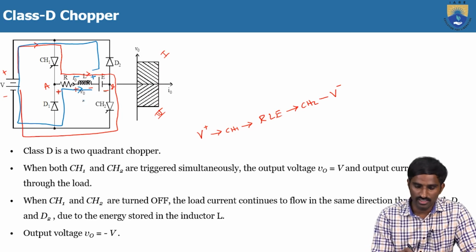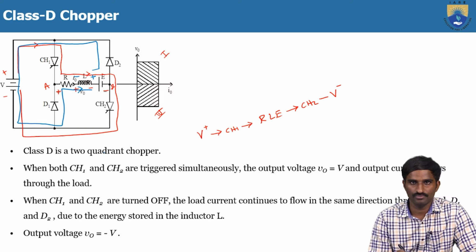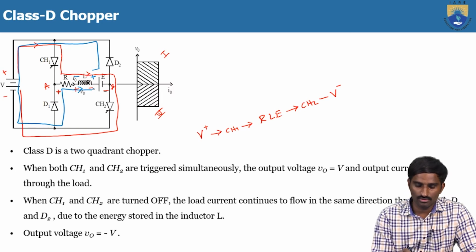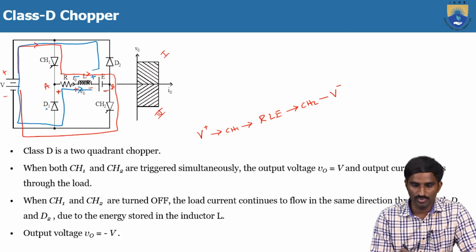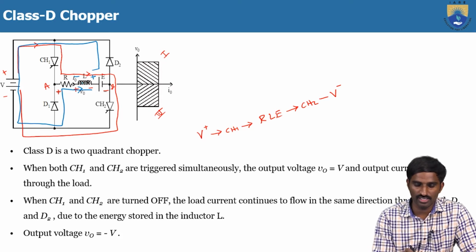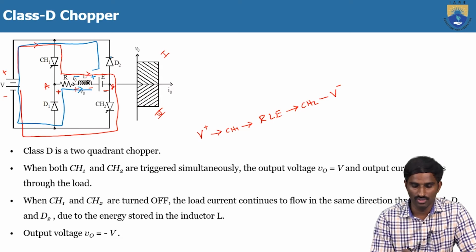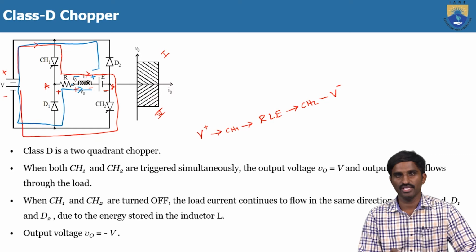So when CH1 and CH2 are turned off, the energy stored in the inductor gets discharged through diodes D1 and D2. Because of this discharging, the output voltage polarities across the load change.